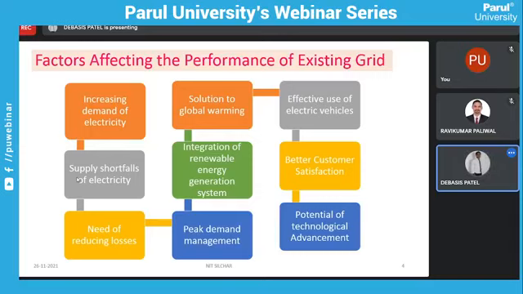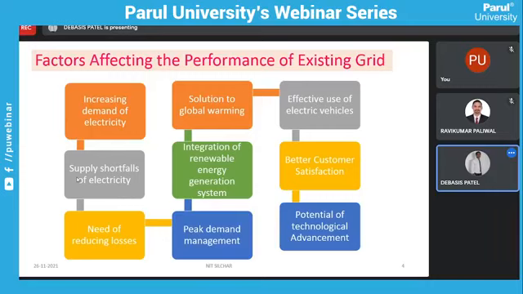So they require what? More sustainable quality of power, and uninterrupted power. So for all these reasons, our existing grid requires modification and upgradation, so that our customers can be more satisfied, right?